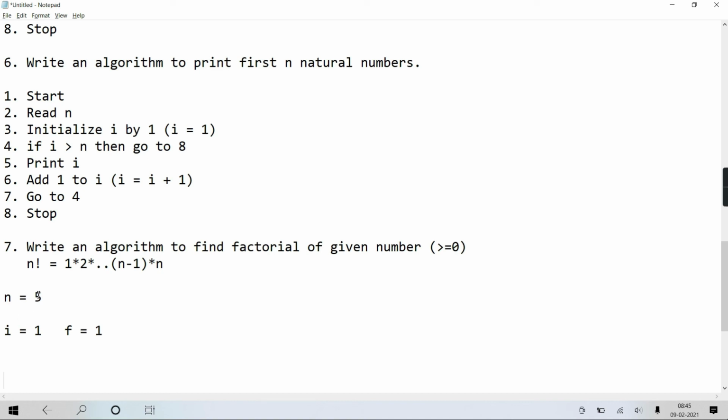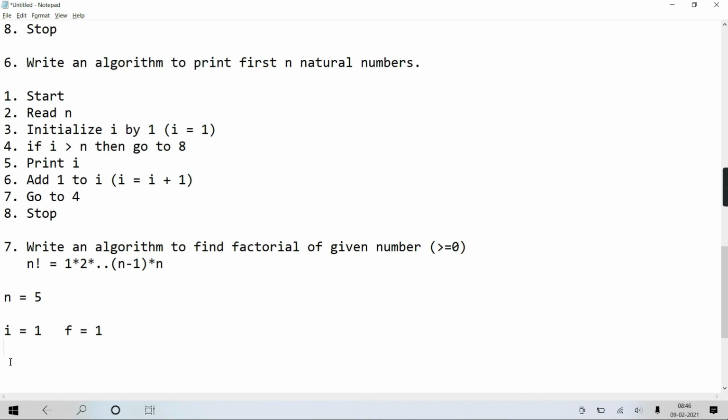But if I is not greater than n, then you'll multiply I with f, and whatever answer you get, store again in f, and then increment I by 1. And at the end, whatever remains in f, that is your answer.